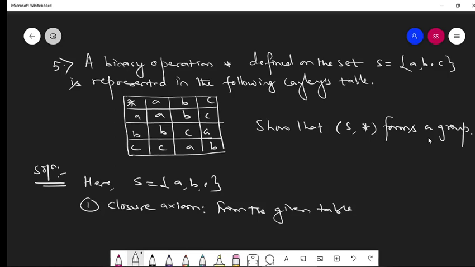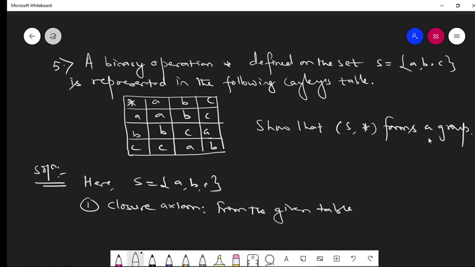Any three relations you can verify. Hence asterisk is associative. The second part is also verified.